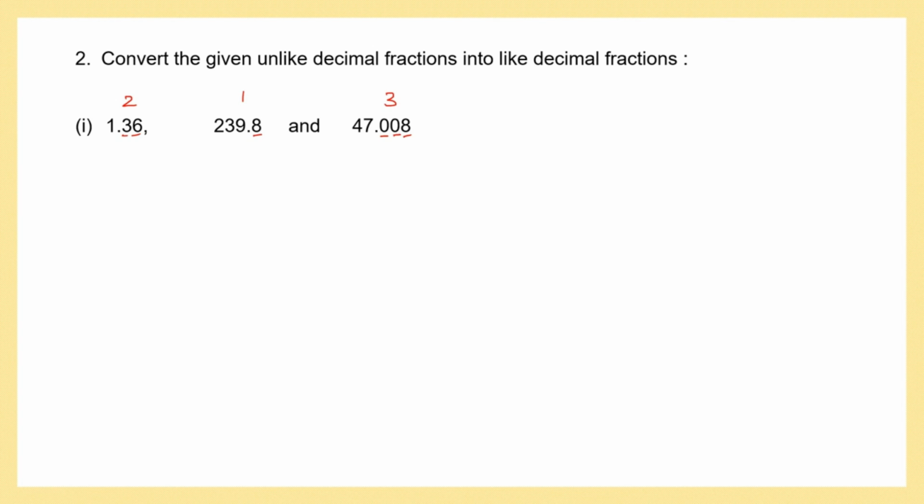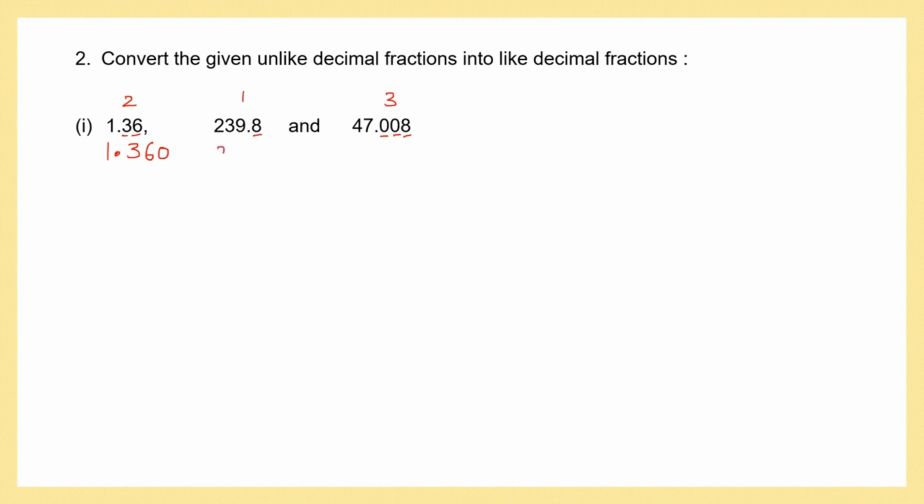Now to convert these unlike decimal fractions into like decimal fractions, we just need to add a 0 to the right of the decimal part. So let's start with the first number, 1.360. We have to see that all numbers have the same number of decimal places.